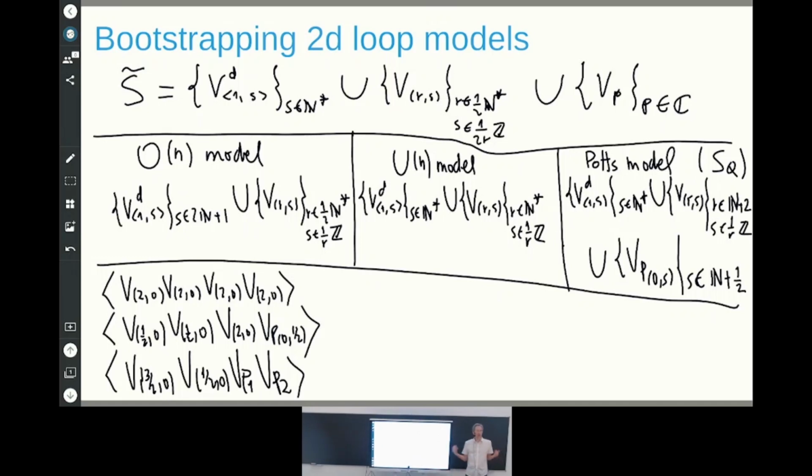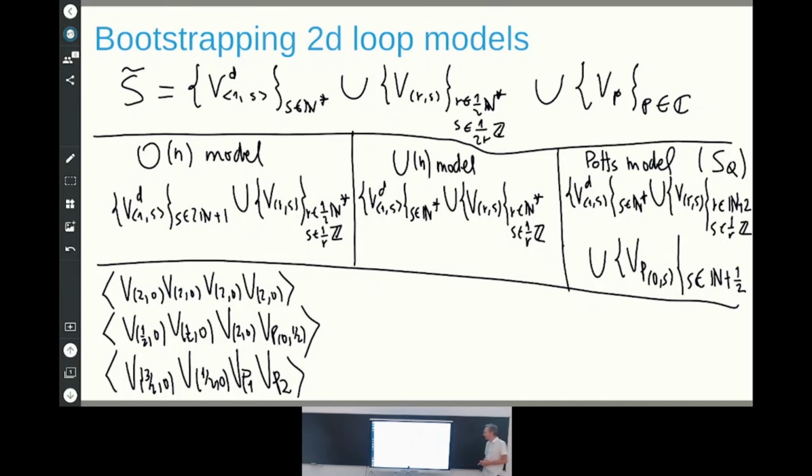Then there is the UN model, which is maybe a little less familiar than ON, but it's a simple variant of the ON model, where instead of a real vector, you just consider a complex vector. And this has the effect of restoring all the degenerate fields, but killing half the non-diagonal fields. So now this R has to be integer instead of half integer.